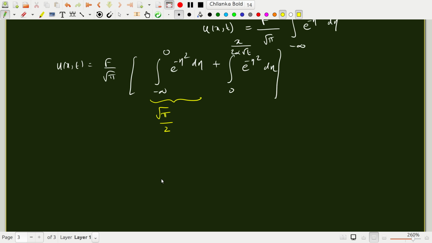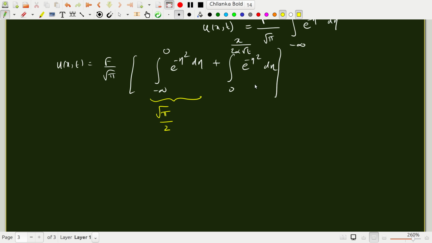You can look up textbooks which show what this is. Now I'm going to write u of x,t by pulling out root pi by 2, so root pi will cancel with this root pi, 2 will come out, times 1 plus 2 over root pi integral 0 to x by 2 alpha root t e to the minus eta squared d eta.